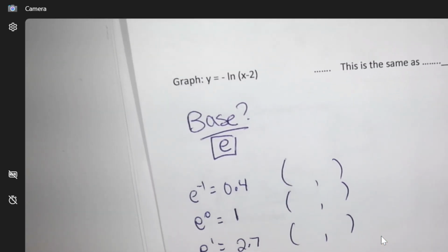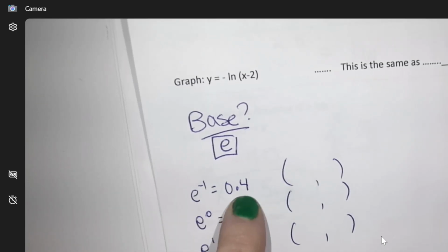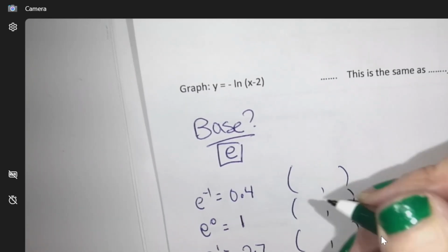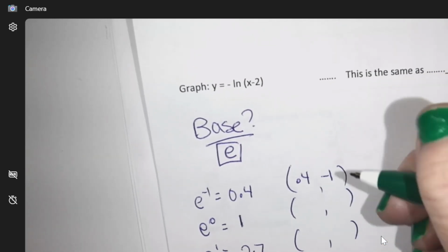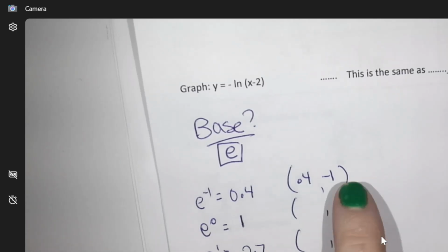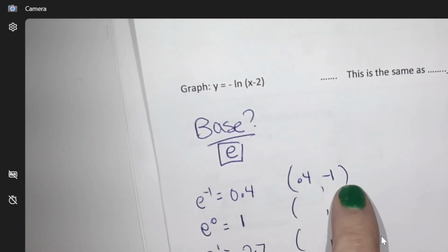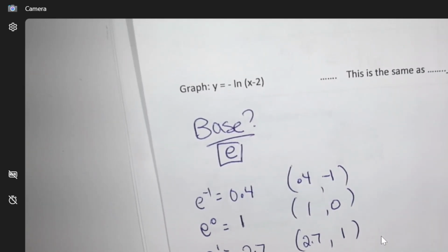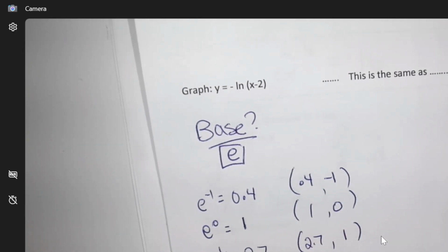So how should I write my coordinate? -1, 0.4, or 0.4 and then the -1? 0.4 and then the -1. Because with logs, you are always figuring out the exponent. Result, comma, exponent. Okay, so that backwards brain stuff from yesterday, we're always getting to the exponent at the end.